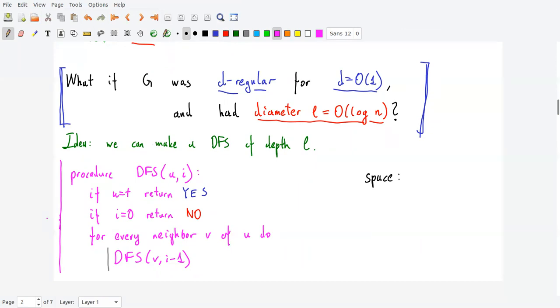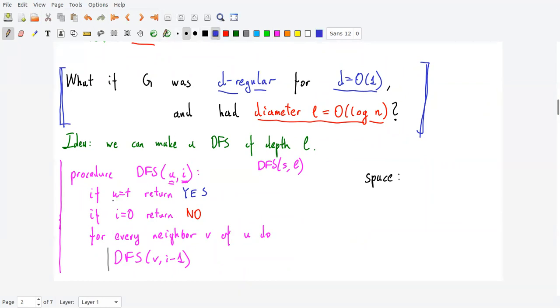So the natural way of implementing such a DFS would be as follows. The DFS takes two values, the current vertex and i, which is the bound on the recursion depth that you are still allowed to do. You will start with the DFS applied to the initial vertex S and L, the bound on the diameter, and the DFS works as usual.